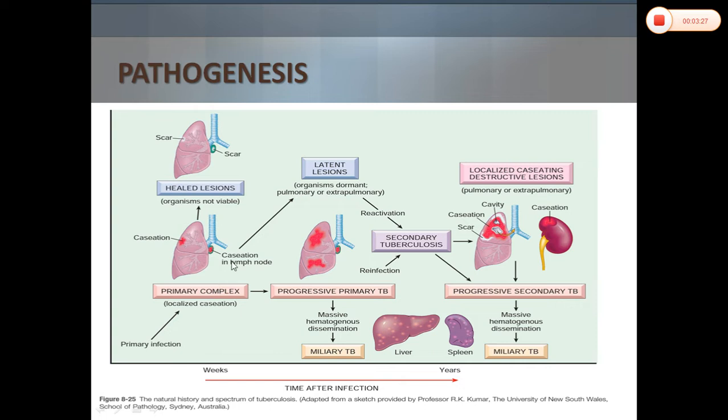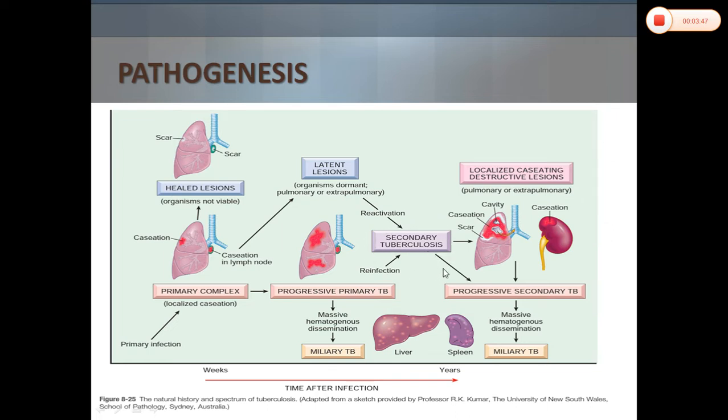If the primary complex goes into a latent period, the organisms are dormant in pulmonary or extrapulmonary sites. If these latent lesions are reactivated, they progress into secondary tuberculosis.